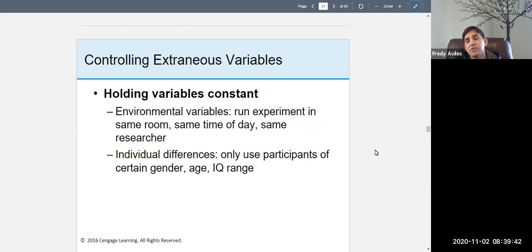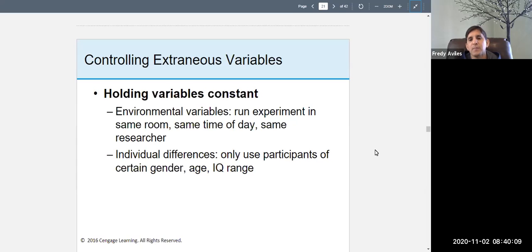Or let's say age can vary. So maybe you only want to run your experiment with participants who are of a certain age. Those that are, let's say, in their late teens only, 18 and 19, or maybe they're all 18, or all 19. They're all a certain age or a certain IQ range. Let's say you run your experiment only with participants that are average IQ. They all have an IQ around 100.